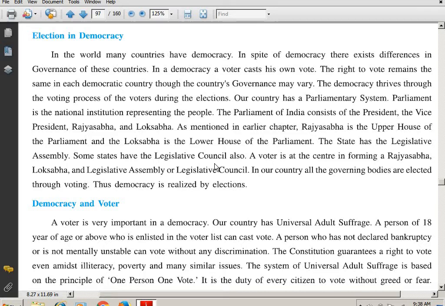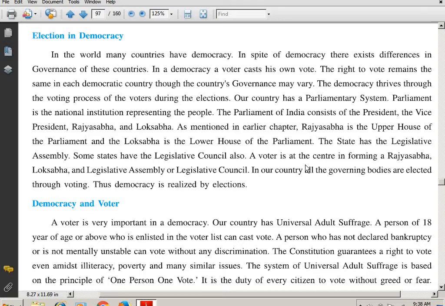A voter is at the center of forming the Rajya Sabha, Lok Sabha, and Legislative Assembly or Legislative Council. We have studied the Rajya Sabha and Lok Sabha, the houses of the Parliament.